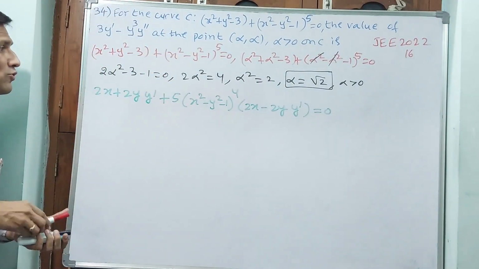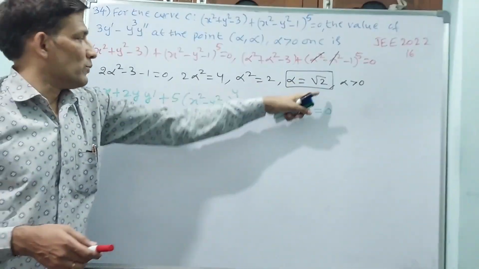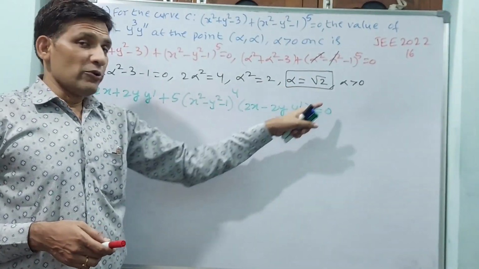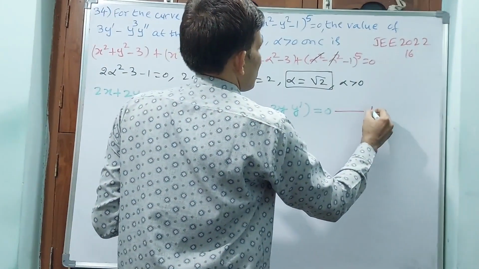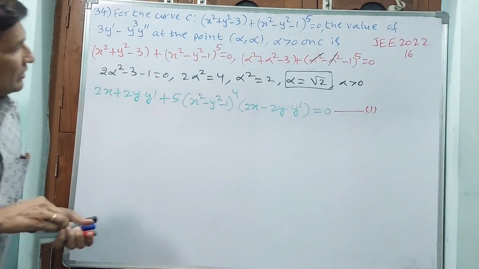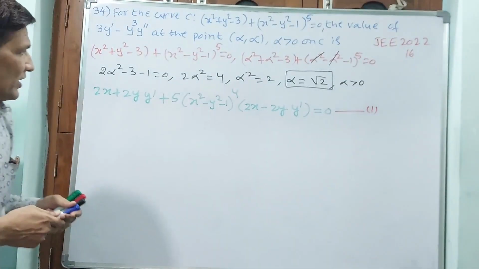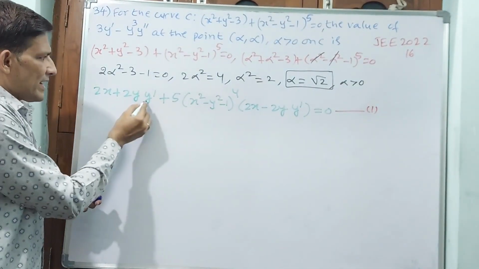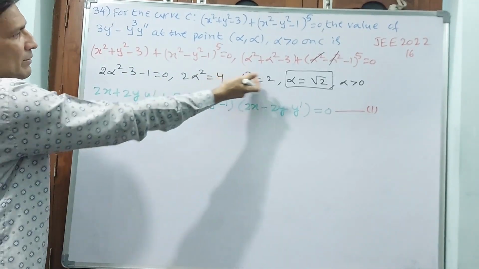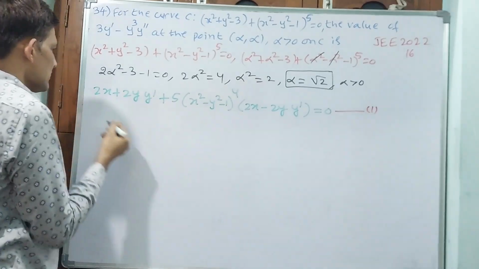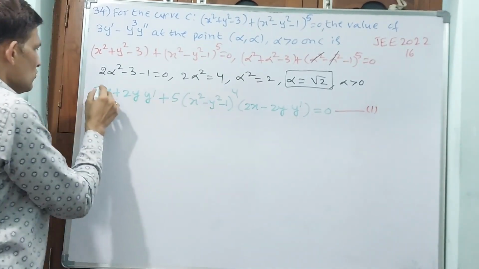Now what we have to do? X value α, α value root 2. Y value α, α value root 2. If you substitute in this equation, which I am calling equation 1, you are going to get the y′ value, because here y′ is there, remaining are x and y only. Shall I take 2 common?